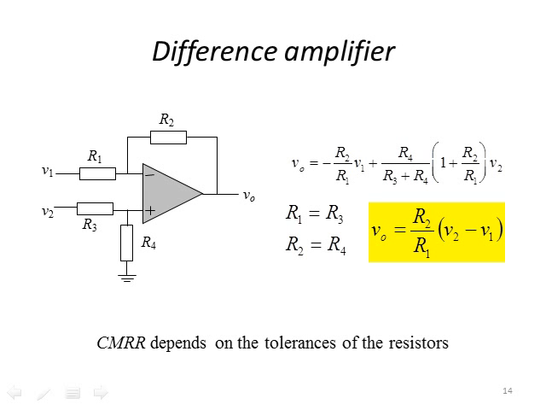A difference amplifier, where we have again the feedback network to the negative terminal, and we apply voltages V1 and V2 to the negative and positive terminals respectively, and then we terminate the positive terminal with a network to ground, and then Vout is a ratio of R2 over R1 times the difference of V1 and V2.